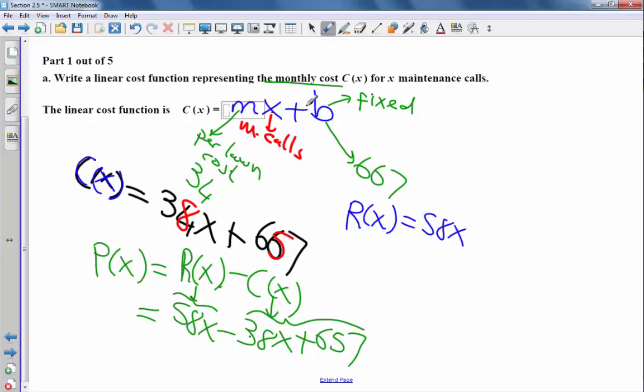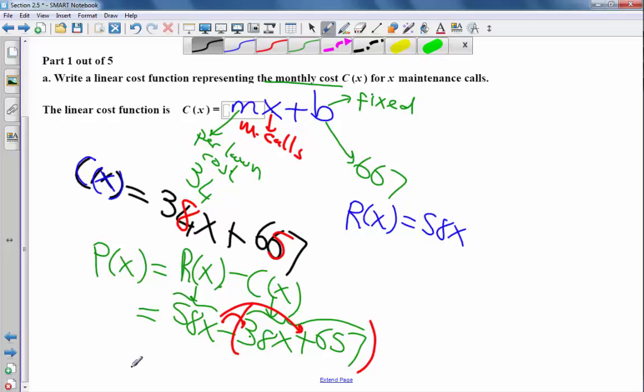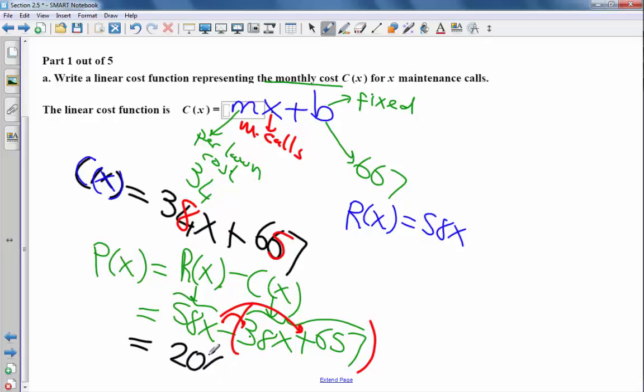So where is the mistake here? When you're subtracting C of X, it's 2 items, you need to keep it in parentheses, and pass this minus in. Now you're going to have 58X minus 38X, which is, what is 58 minus 38? 20X, but no longer plus 657, it is minus 657.